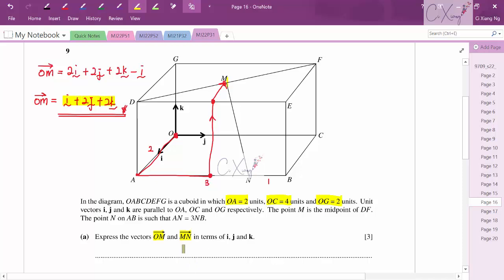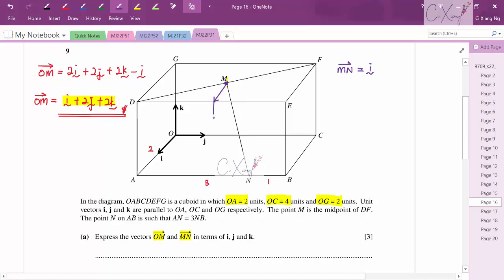After that, they want us to find MN. To get MN, again we go through the possible pathways. I start from point M and move to point N. There are many ways we can move. For me, I will move from M in this direction first, which is the direction of i. I'm moving 1 unit of i, so I'm having 1i.